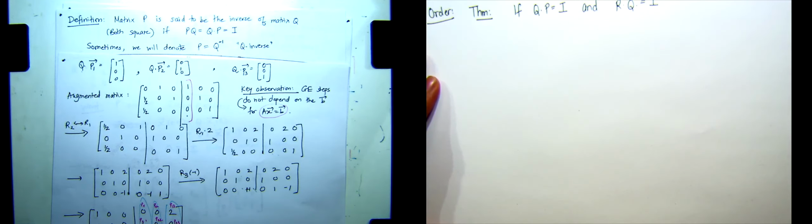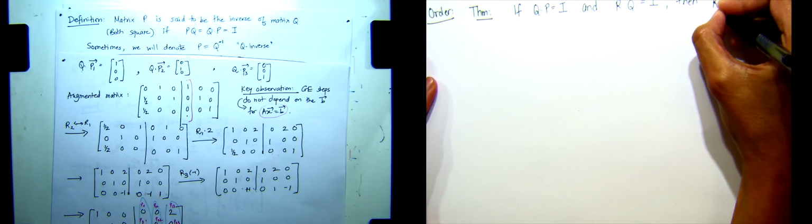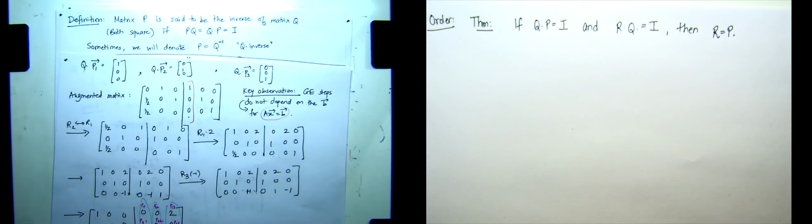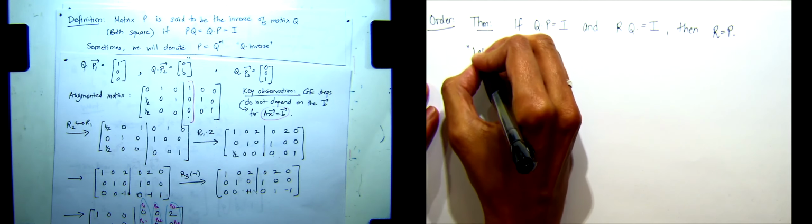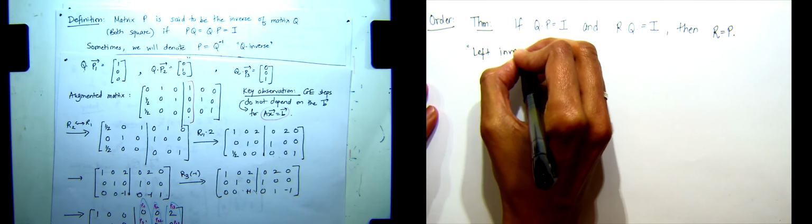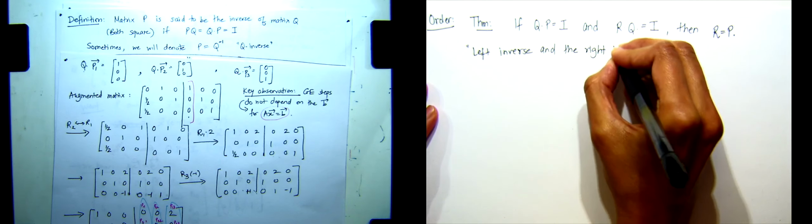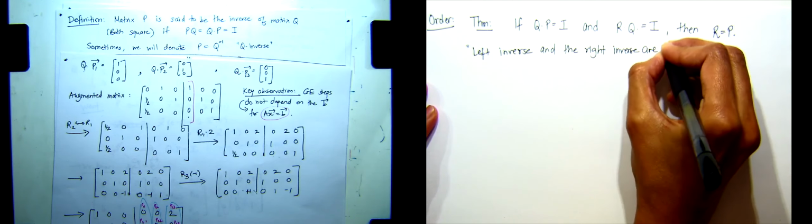I'm going to say, if Q times P equal to identity, and R times Q is also equal to identity, then we must have that R is equal to P. Some might refer to this theorem as saying that the left inverse and the right inverse are the same.